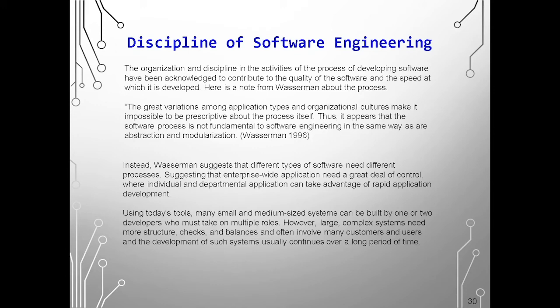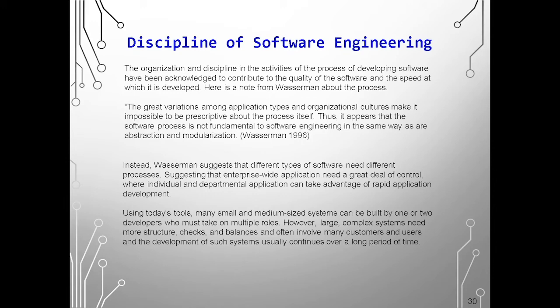And Wasserman said this back in 1996. So, from this, you can see instead, Wasserman suggests that different types of software require different processes to be created, suggesting that an enterprise-wide application will need a great deal of control, whereas individual and departmental applications can take advantage of rapid application development.